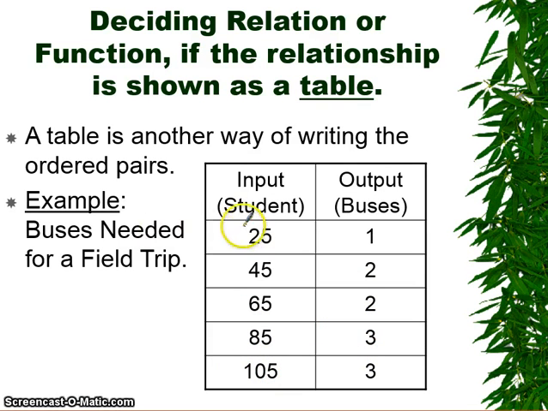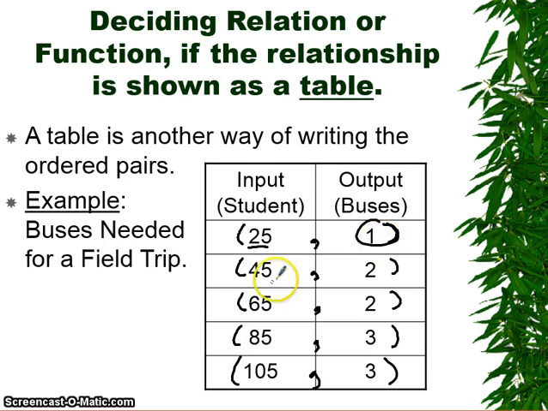You can see that these are relationships between inputs and outputs. It is a vertical way of organizing the ordered pairs, the x's and the y's. So you can use the same strategy. Every time there's 25 students, will I need just one bus? Yeah. Every time there's 45 students, will I need two buses?